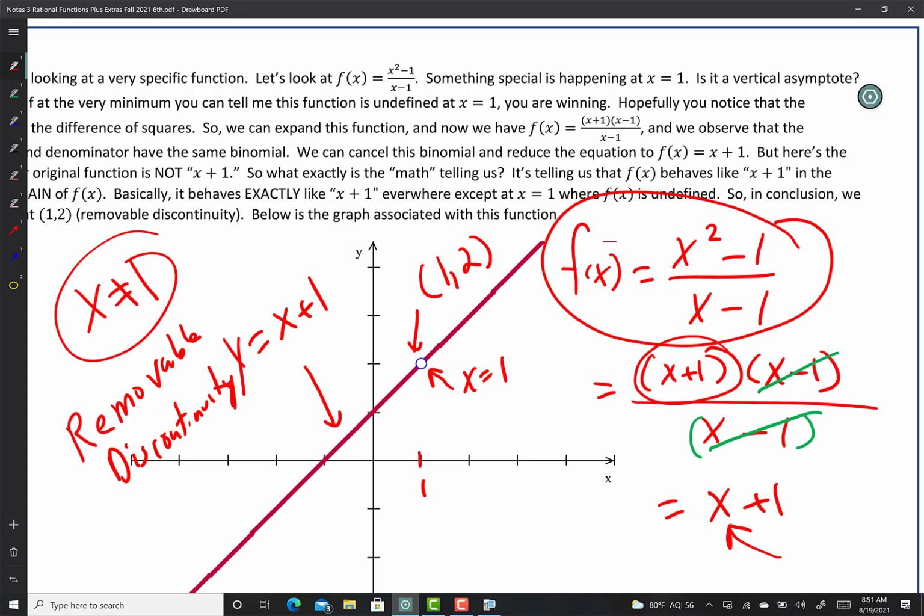And then the second fact is that I canceled out one of my common factors. So to answer your question, if I want to give you a cheap answer, anything that cancels out is going to be a hole. But not always. 95% of the time. And that's just a rough percentage.